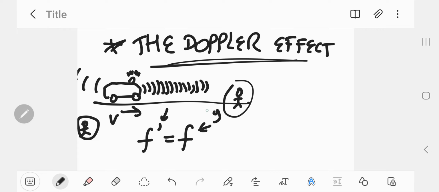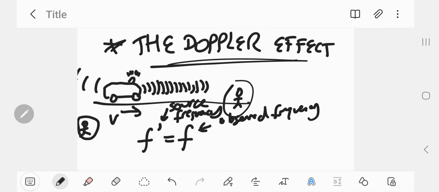Sorry, I should say f dash is the source frequency. It's the frequency being emitted by the source, which in this case is the siren. f is the observed frequency, the frequency heard by the observer, because the Doppler effect is all about relative frequencies.